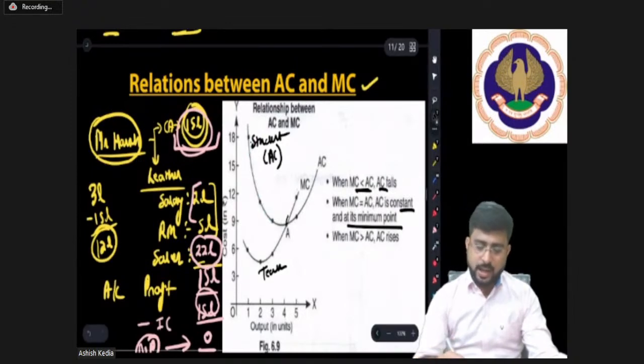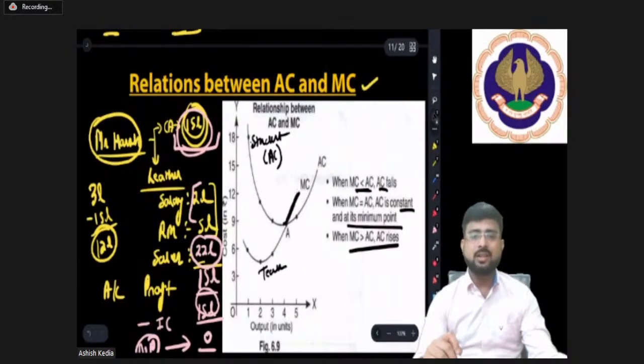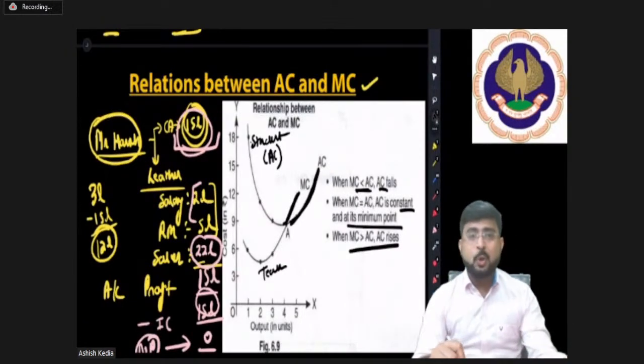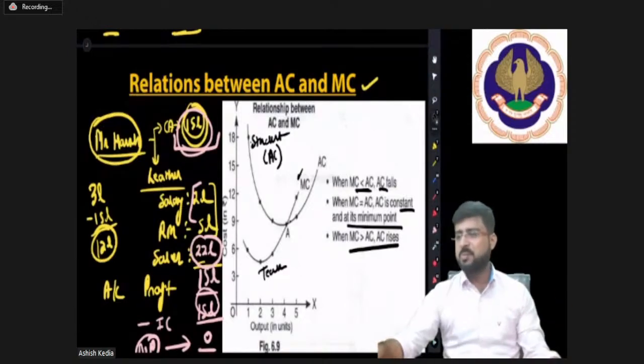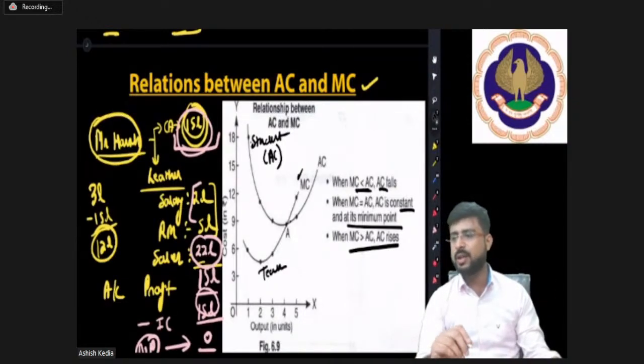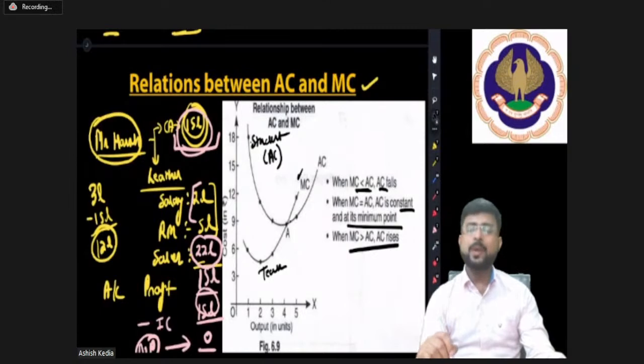And MC is greater than AC. Why? Because when the teacher is able to help many students, the teacher is very happy, and therefore MC is above AC. It's just a trick to remember. Most of you will wonder what sir is telling. Okay, all right, sir.